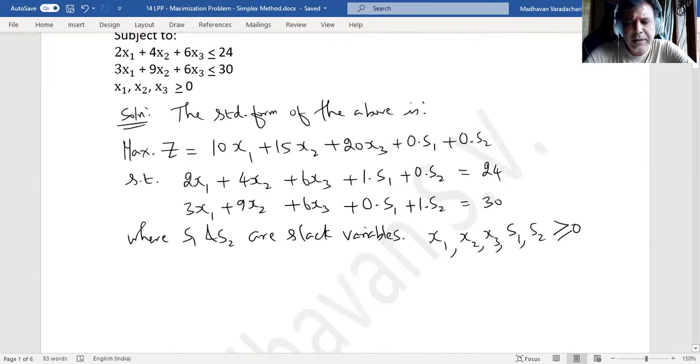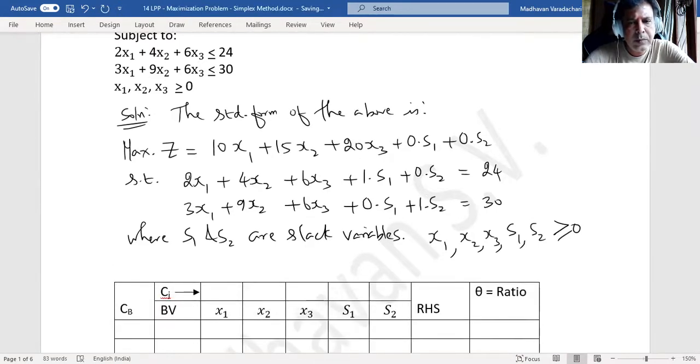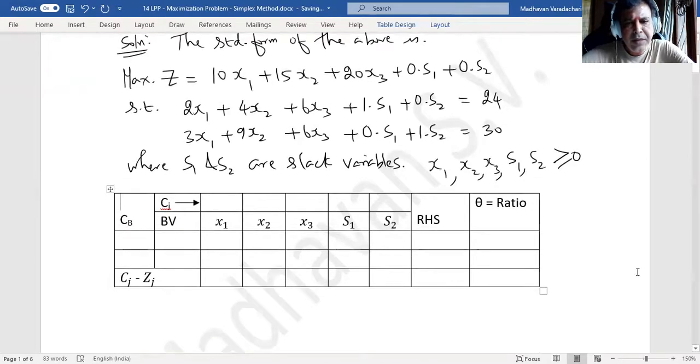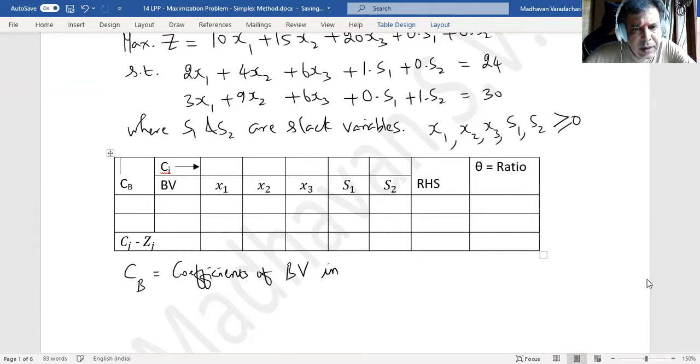The table will be like this. Here is the table. Let us understand some of the terminologies. This CB is called the coefficients of the basic variables in the objective function.